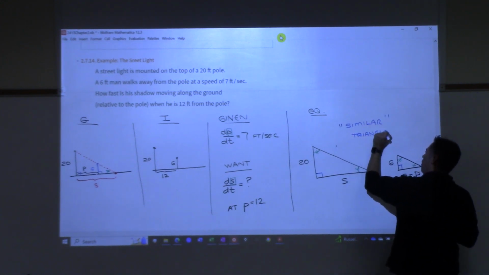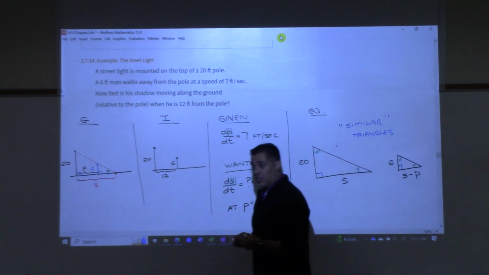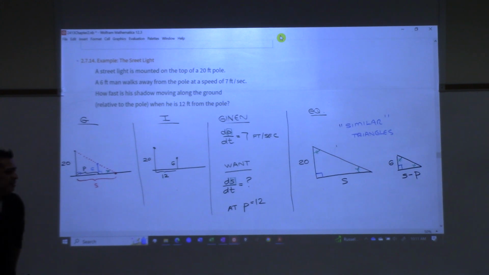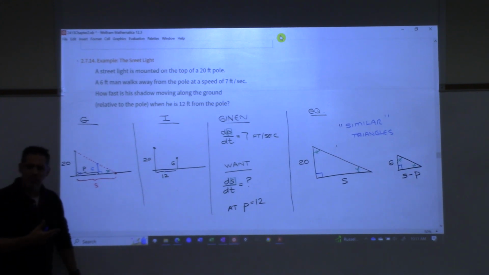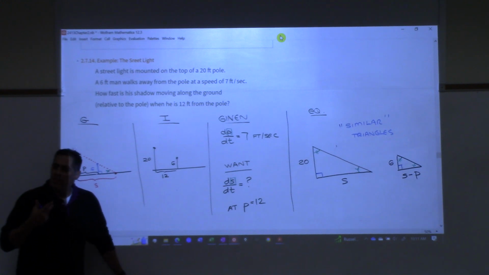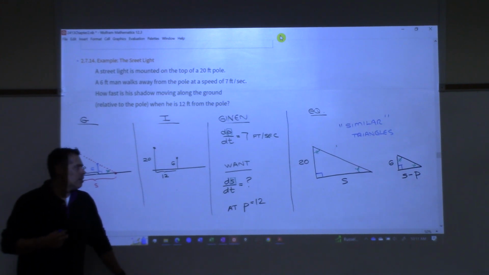And there's an important property about similar triangles that you need to know in order to complete the problem. I'm going to say it verbally and then I'll say what it actually is. Whenever you're dealing with similar triangles, the ratio of corresponding sides are equal.